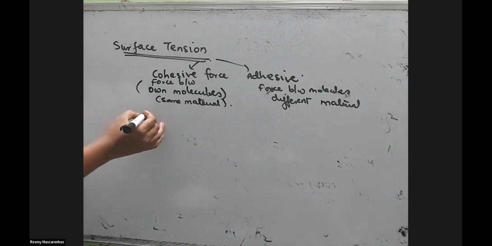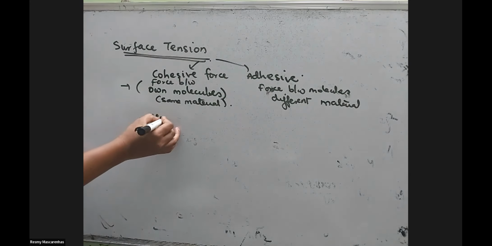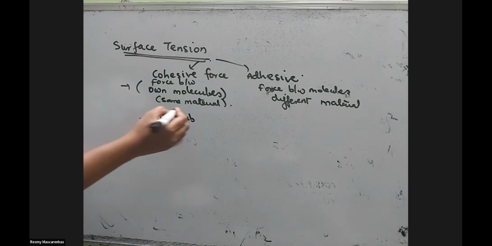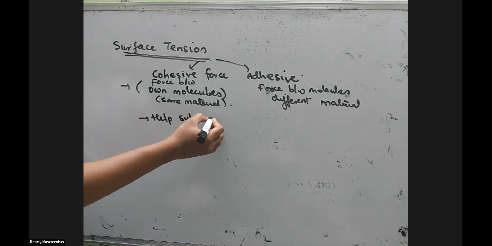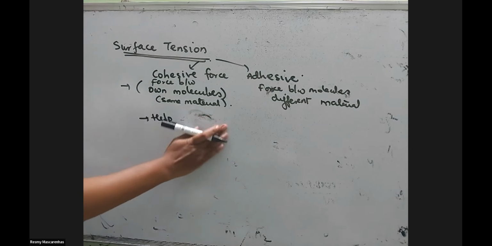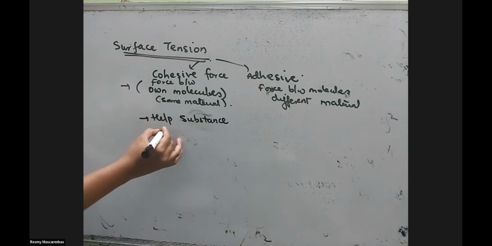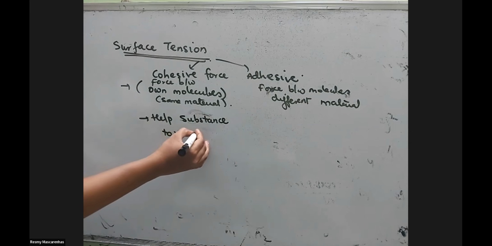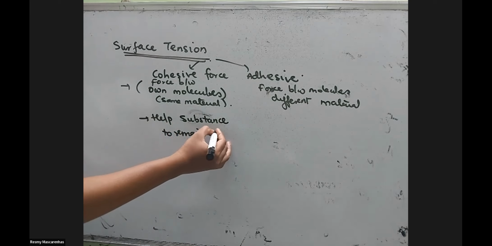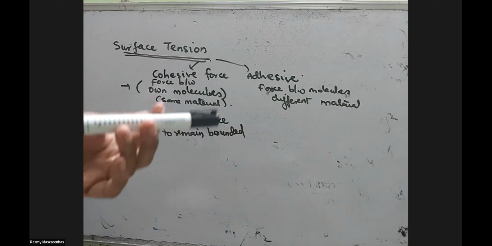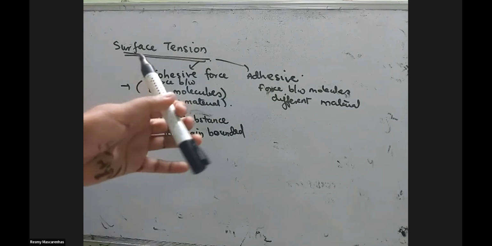So cohesive forces help the substance to remain bounded. Consider this pen itself. Why does it have this shape?